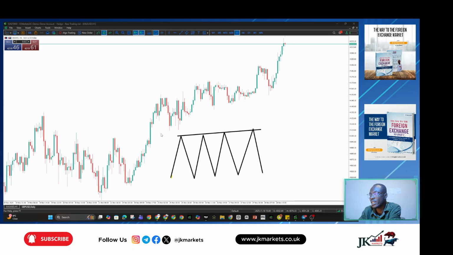Anytime the pair reaches here, it reverses. And we call this side a support, because anytime the pair reaches here, it bounces up. This structure is called a ranging market. So when the market is doing this, we say that the market is ranging.